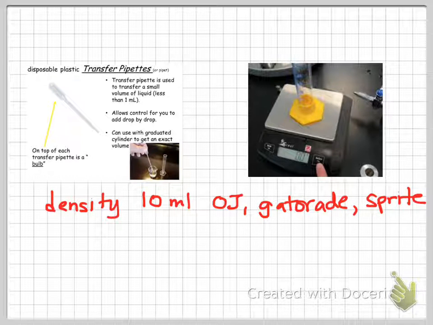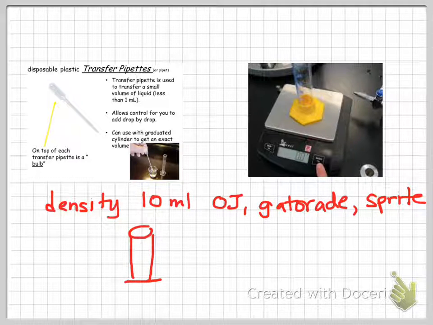To do this, you're going to take a graduated cylinder and put it on a balance, and you're going to press 0 or the tare button to make sure that we're not recording the mass of the graduated cylinder.